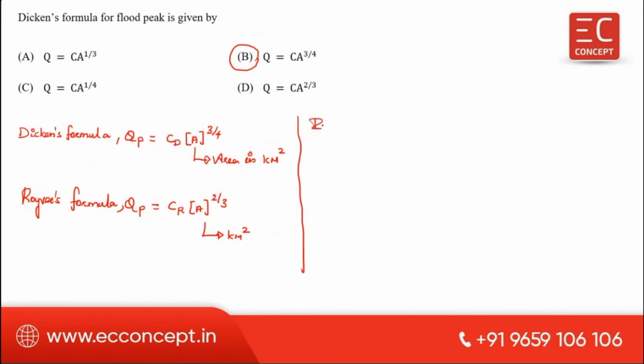Then English formula, there you can write QP is equal to 124A divided by root of A plus 10.4, which is approximately 123 root of A. Okay, you have to keep this formula also. Maybe they will come in the upcoming years.